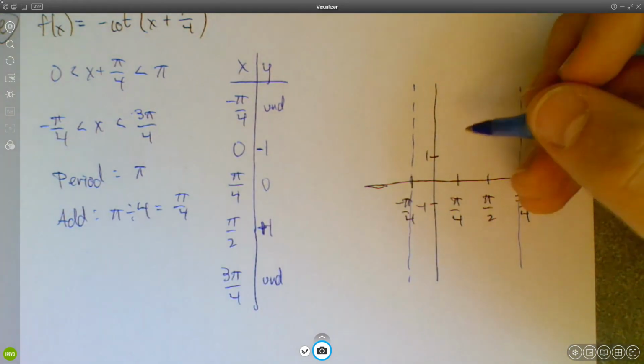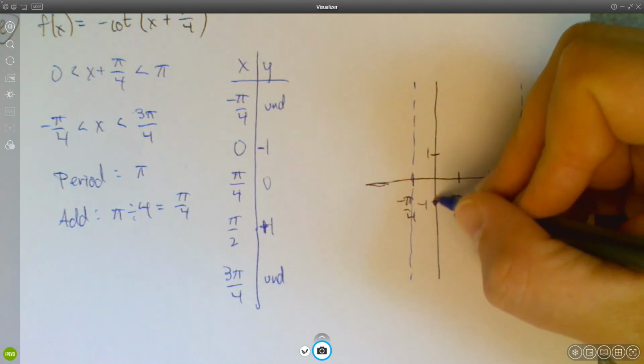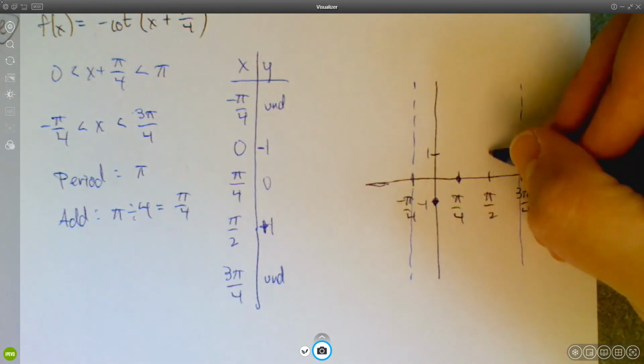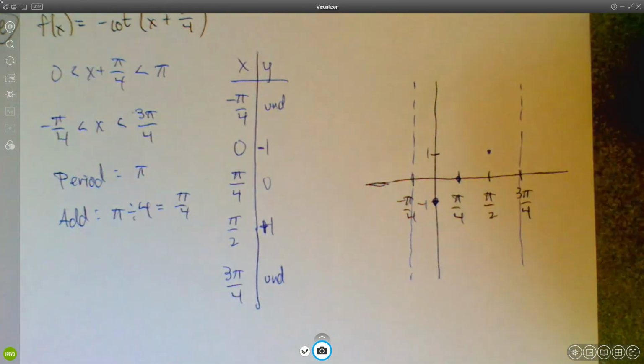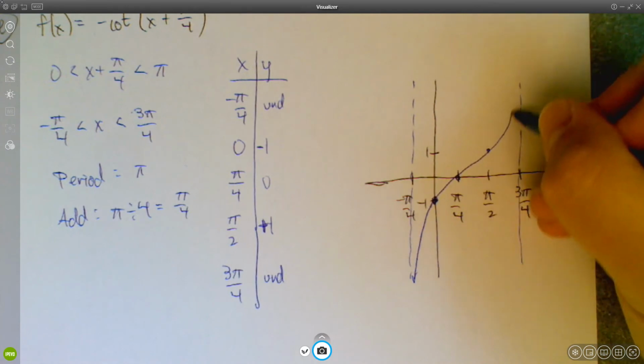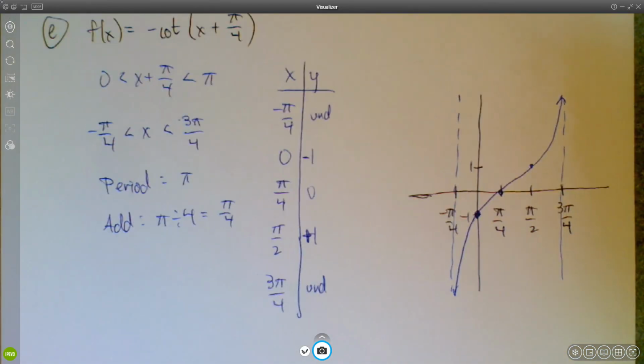Okay, so I guess we should have 0, negative 1, pi over 4 is 0, and then pi over 2, 1. Okay, and that's that.